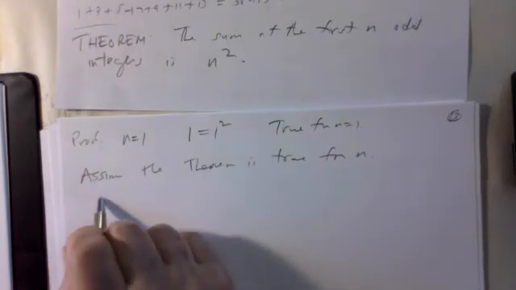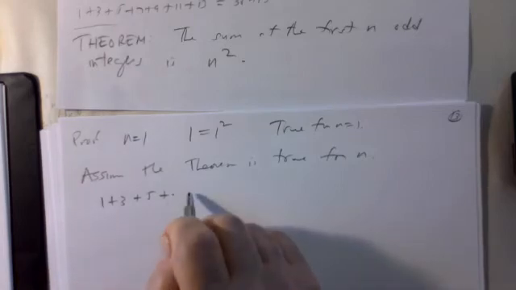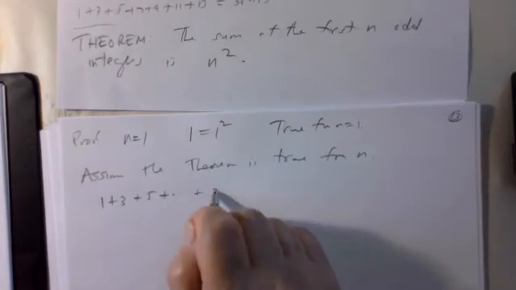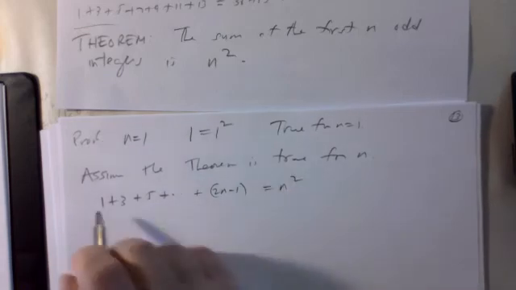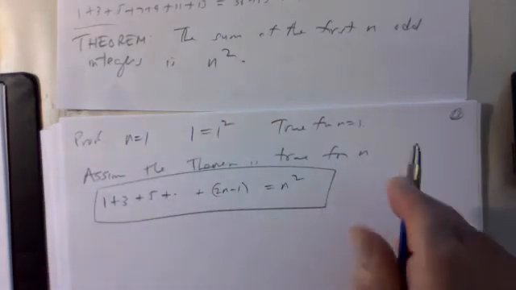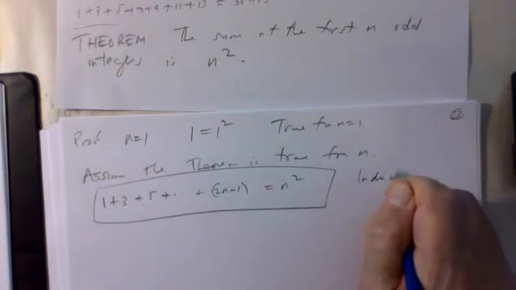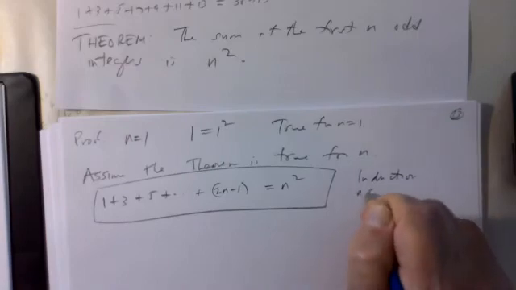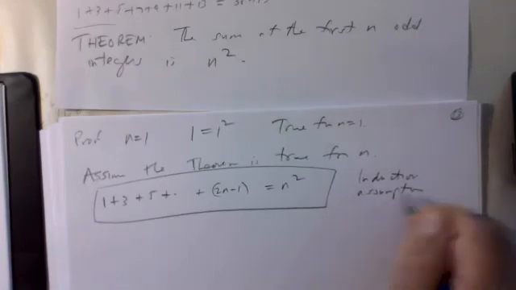That means if I take the sum of the first n odd integers, what's the nth odd integer? It's 2n minus 1. That's equal to n squared. Right? This is what is called the induction assumption or the induction hypothesis.